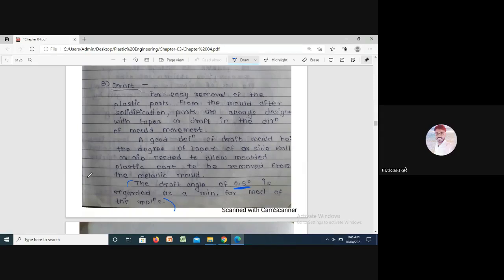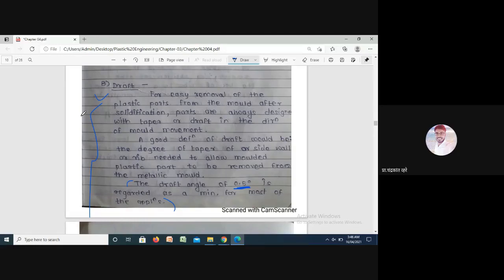So you have to make the tick mark for 0.5. We are not going to dip into the draft design. We just have an overview related to the draft. Okay. So just give the heading draft design and write this paragraph. Just take 2 minutes' time and write it.